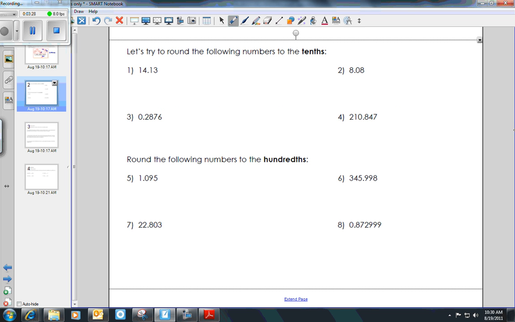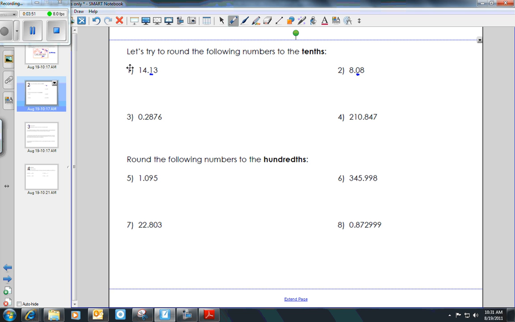First thing we want to do is identify where our tenths are. I'm going to do these first 2 examples for you, and you're going to do the second 2 on your own. So rounding to the tenths, I need to find my tenths spot, and that is 1 spot to the right of my ones. So there's the tenth there in example 1, and here's the tenth in example 2.